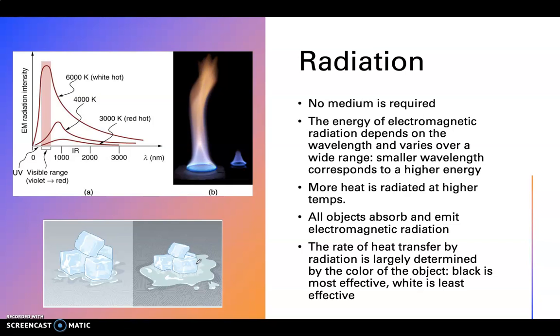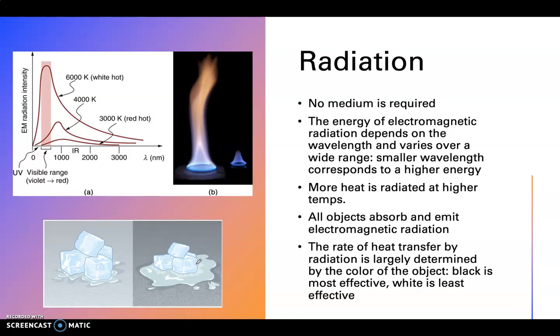More heat is radiated at higher temperatures. All objects absorb and emit electromagnetic radiation, whether it be a very small amount or a higher amount. We do too. The rate of heat transfer by radiation is largely determined by the color of the object. Black is going to be the most effective color, and white is going to be the least effective color.